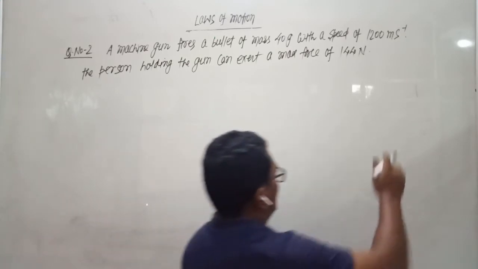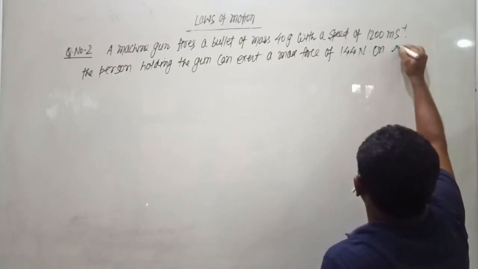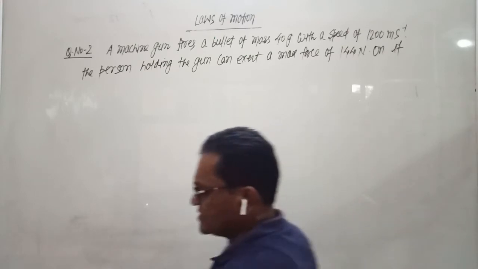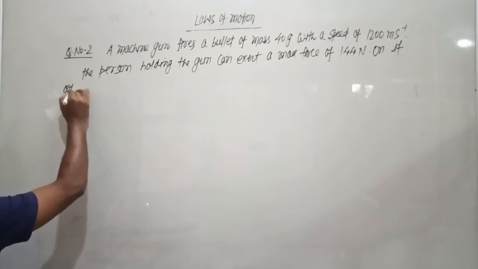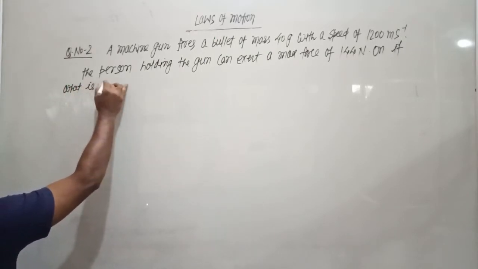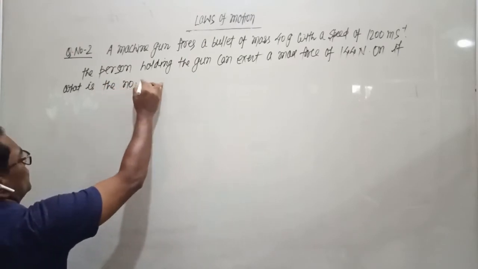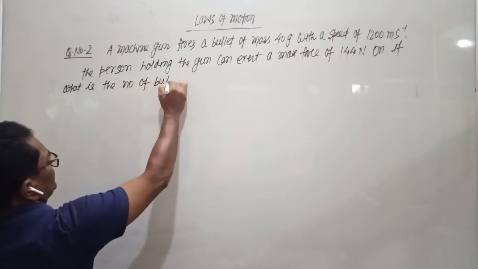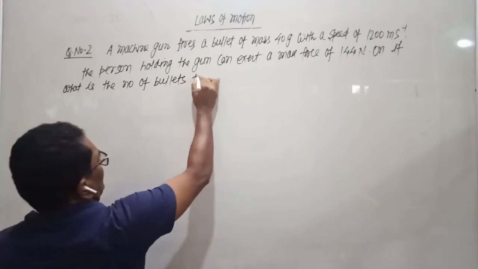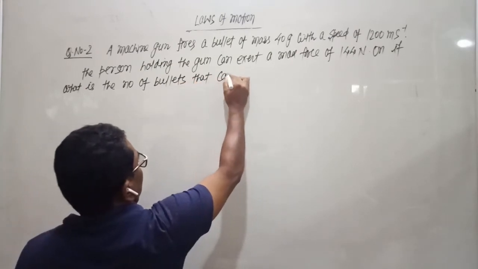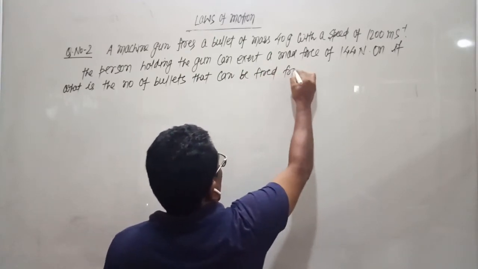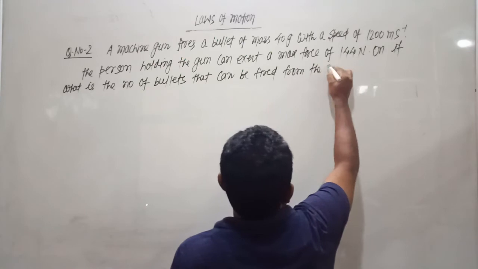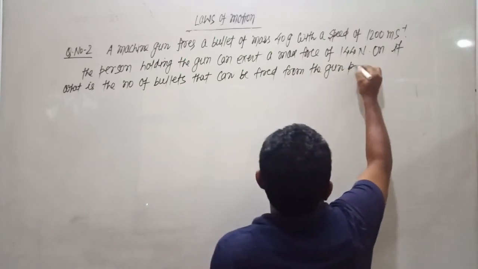What is the number of bullets that can be fired from the gun per second?